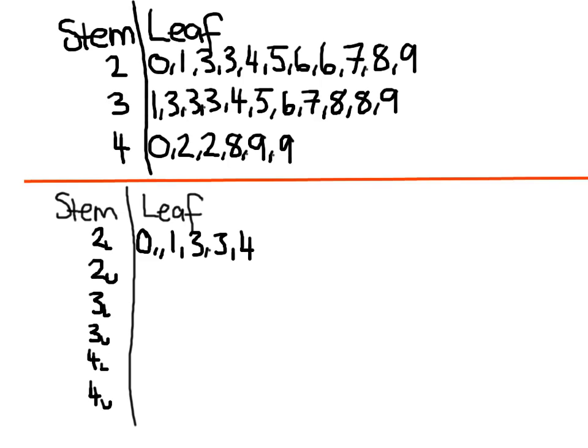And then a 4. In the upper group, I would put 5 for 25, 6 for 26, another 6, a 7, an 8, and a 9. And then continue to do the same thing for all of the other groups.